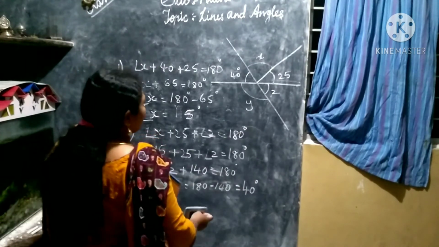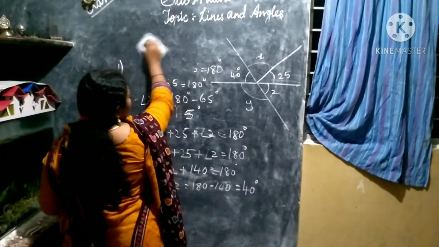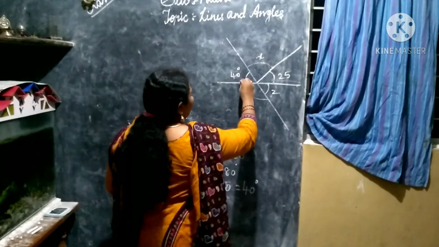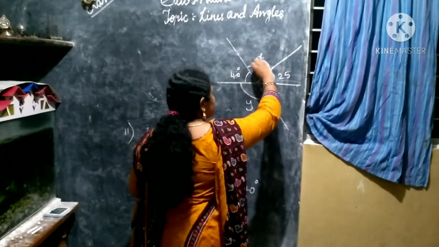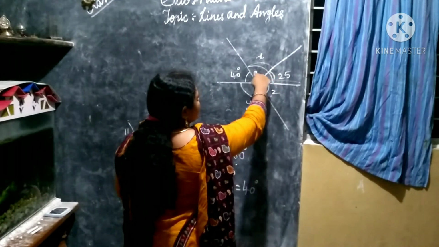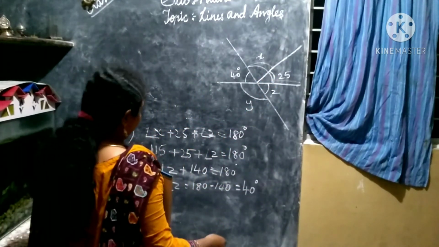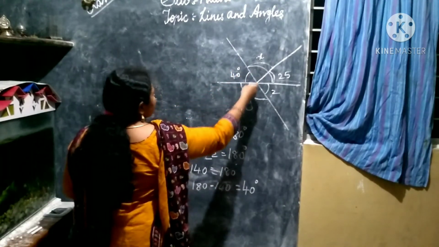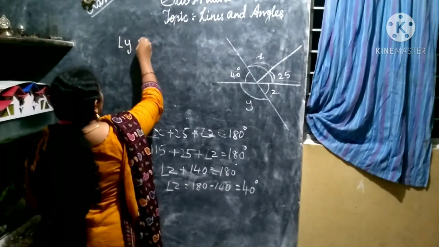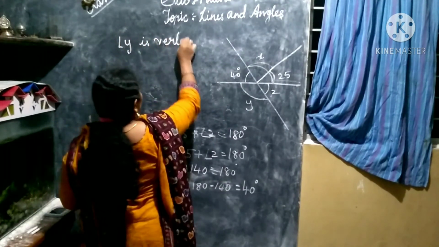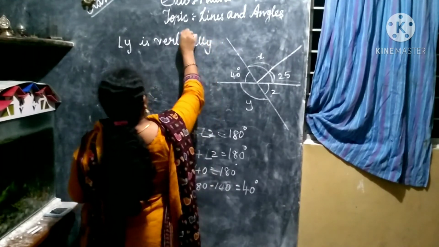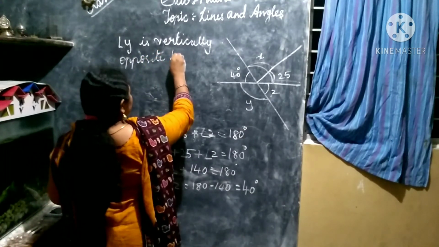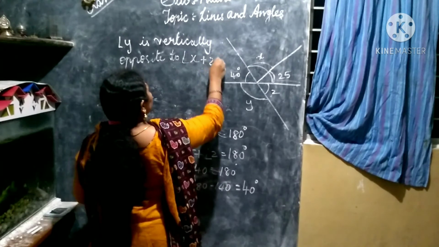So then let us find out what is y. See, here we have y and here we could see these two angles, isn't it? If you compare that, you get vertically opposite angles. So angle y is vertically opposite to angle x plus 25 degrees.